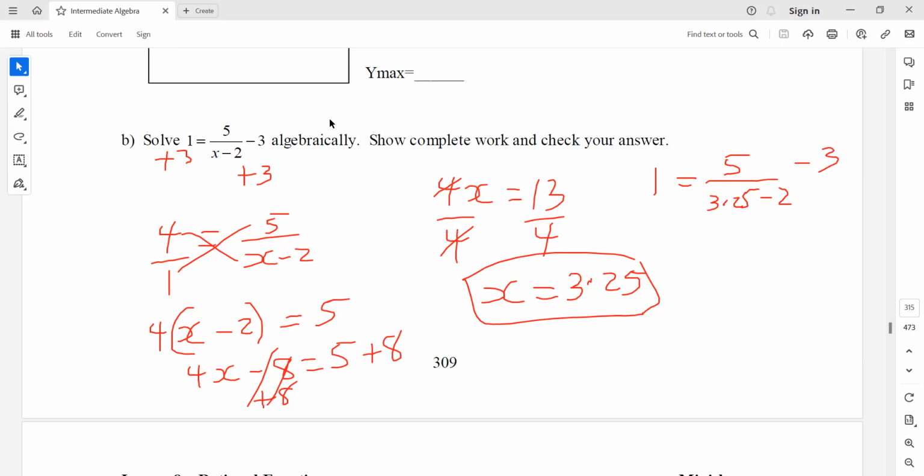So 1 equals 5 over 1.25 minus 3. Now, what is 5 divided by 1.25? It's 4. Minus 3 equals 1. 1 equals 1. So this is right. So, yes, my solution is right.